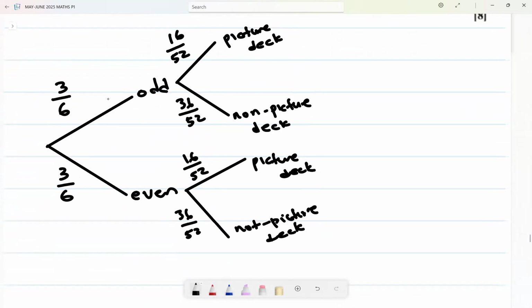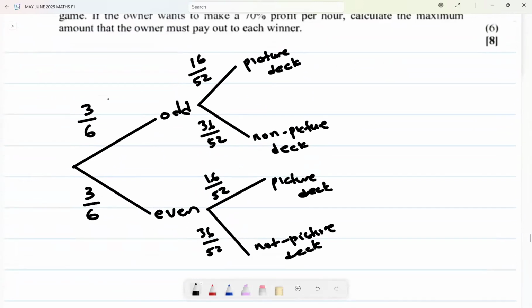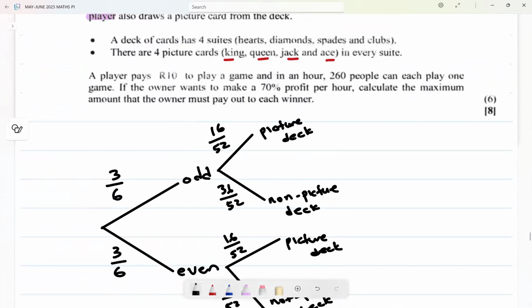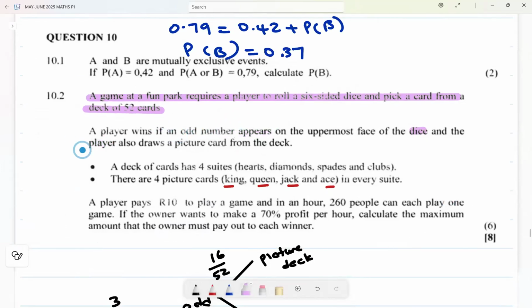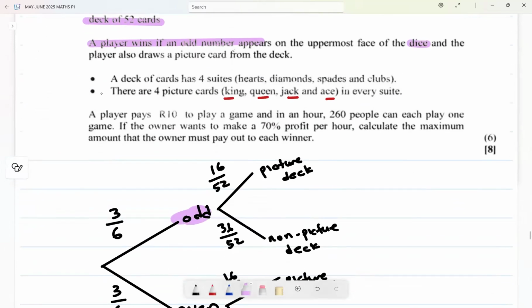Then they tell me that for you to win, I'm going to come back to this statement, guys. For now, I'm not there. For you to win, a player wins if an odd number appears on the uppermost face of the dice, and a player draws a picture card from the deck.